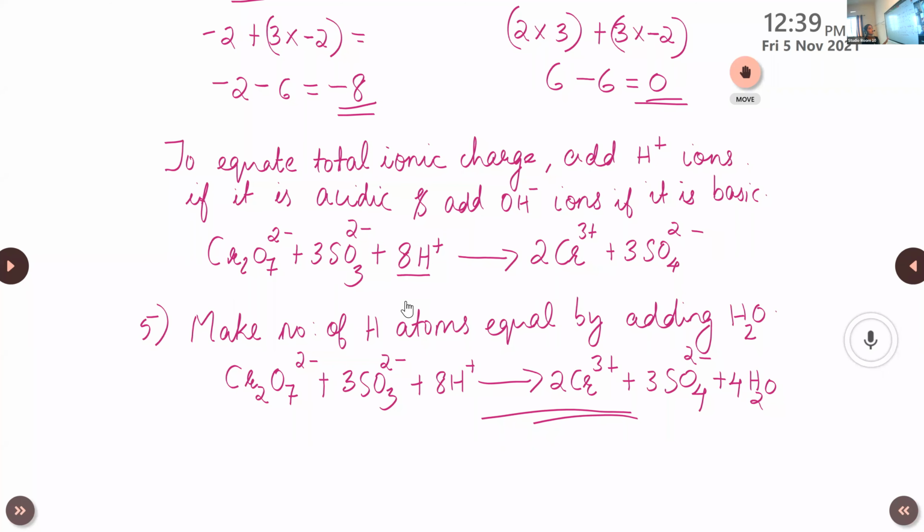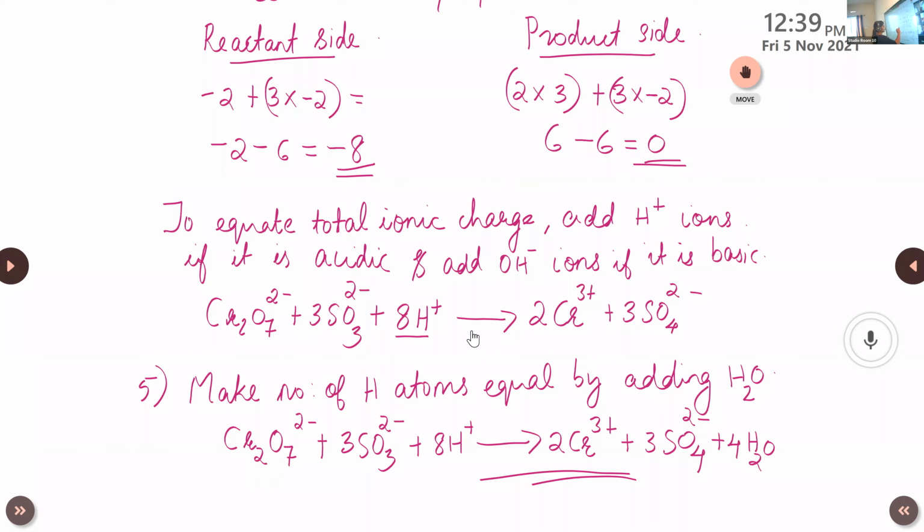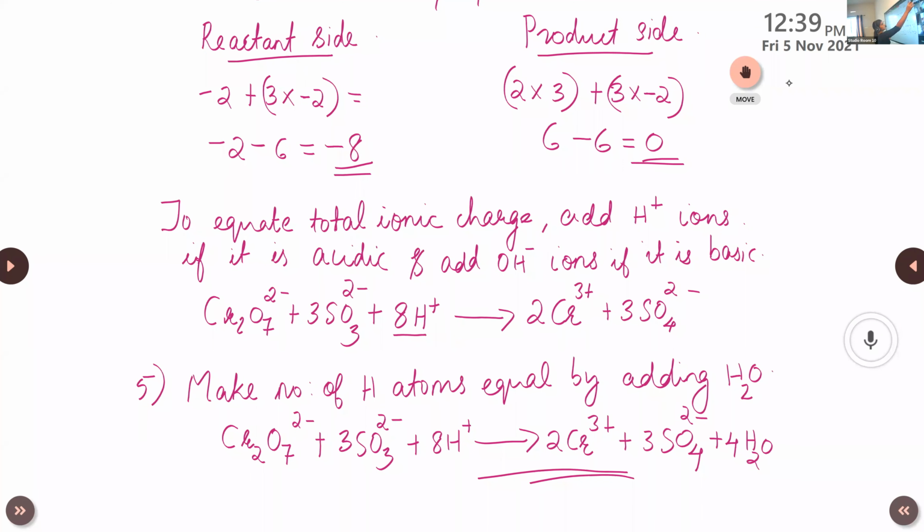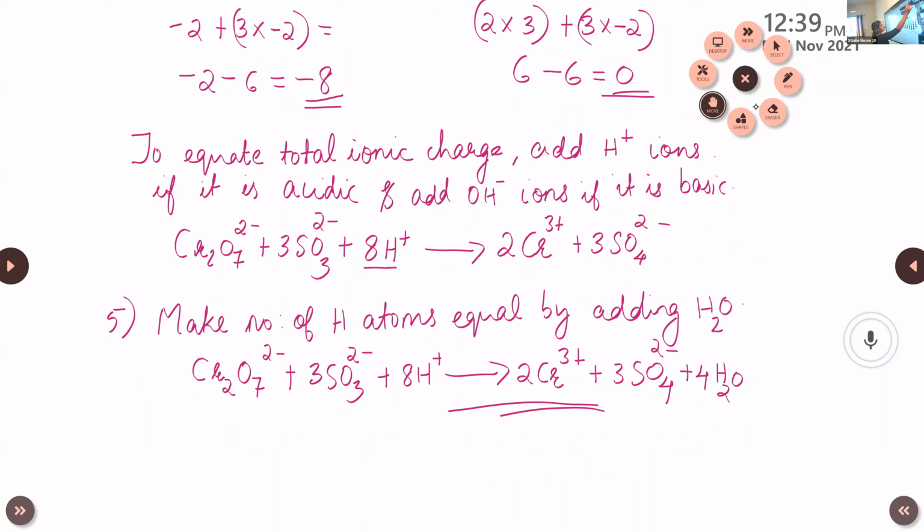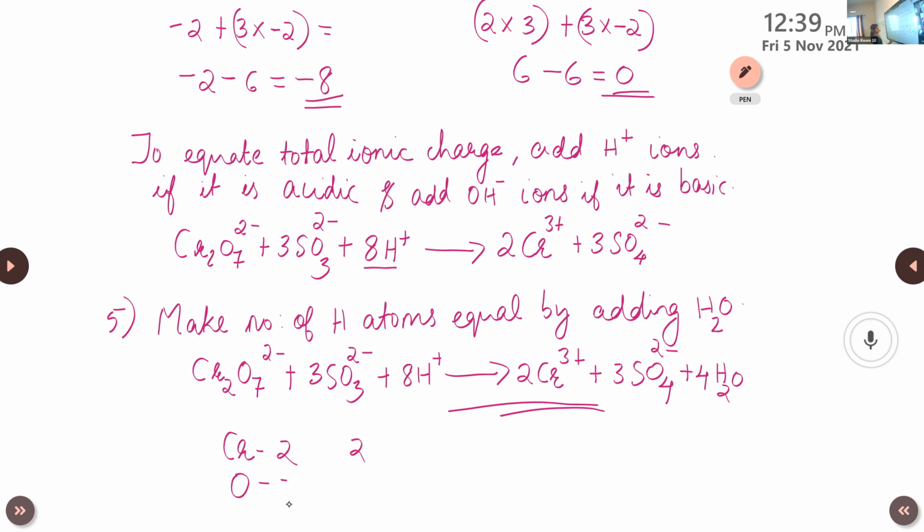So that's about the oxidation number method. Now you can cross check the total number of atoms on both sides. For chromium, here it is 2 and in the product side also 2. For oxygen, here it is 7, then 7 plus 9, so it is 16.